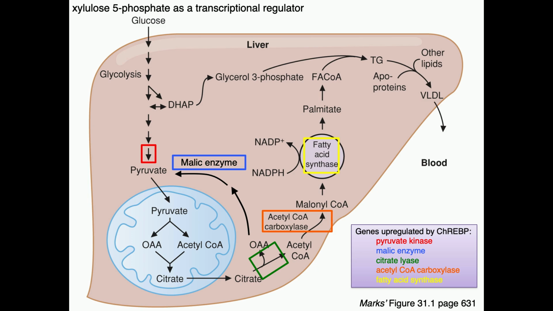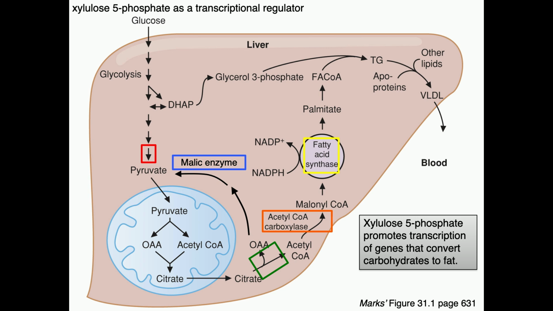We know what pyruvate kinase does, but the function of the rest of those genes will be covered in the lecture on fatty acid synthesis in a couple weeks. Bottom line, xylulose 5-phosphate is remodeling the transcriptional pattern of the cell to promote conversion of sugar into fat. Easy enough?